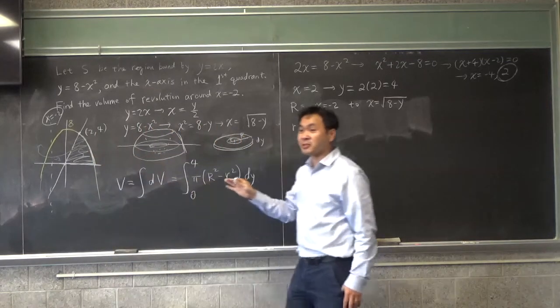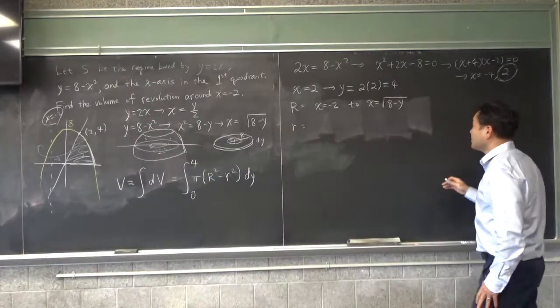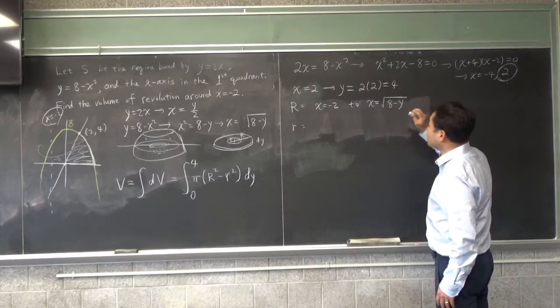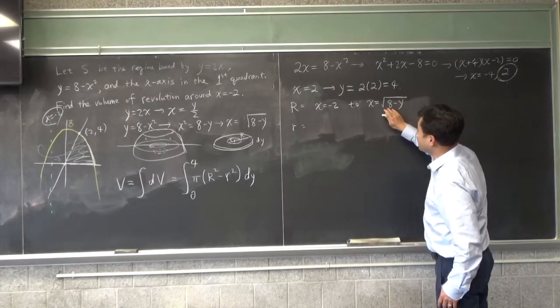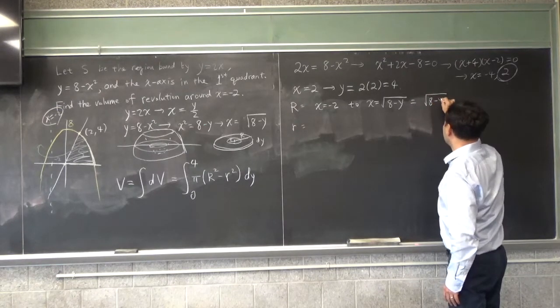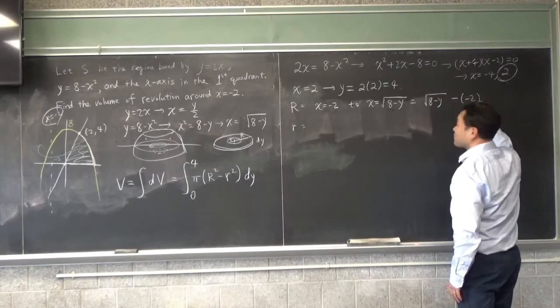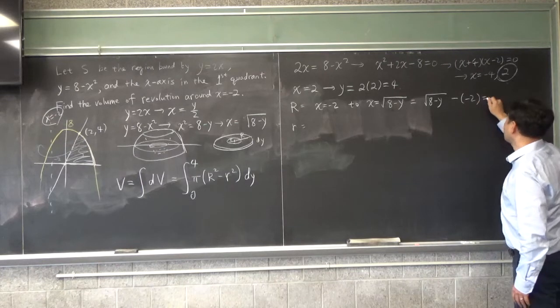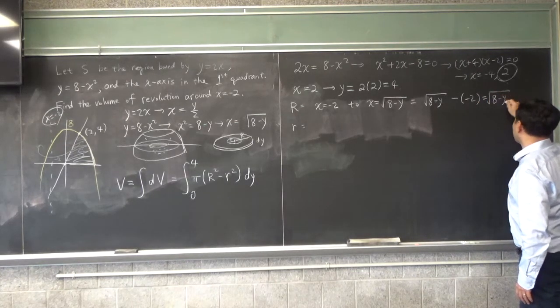Are you following so far? Okay. And therefore, because this is on the right side and that's on the left side, we're going to do right minus left. So it's going to be the square root of 8 minus y plus 2.